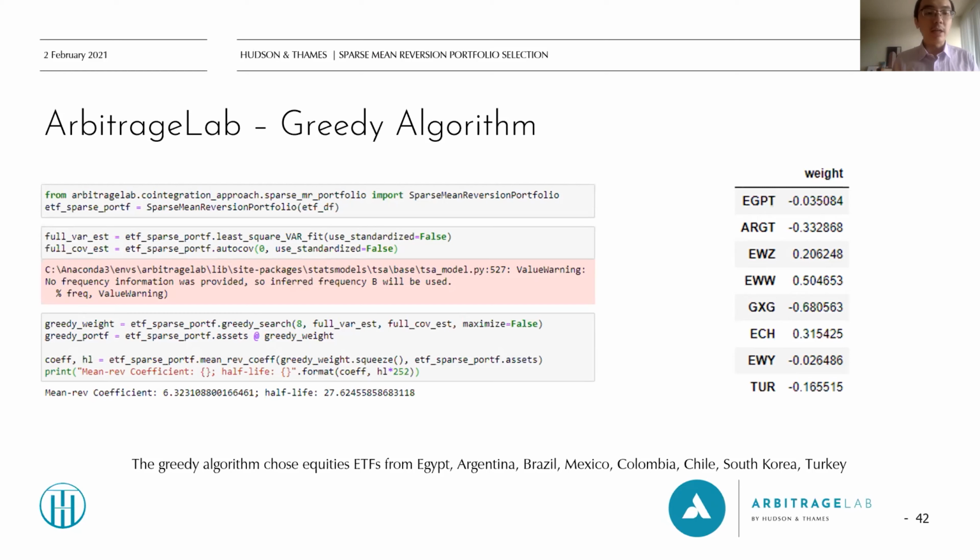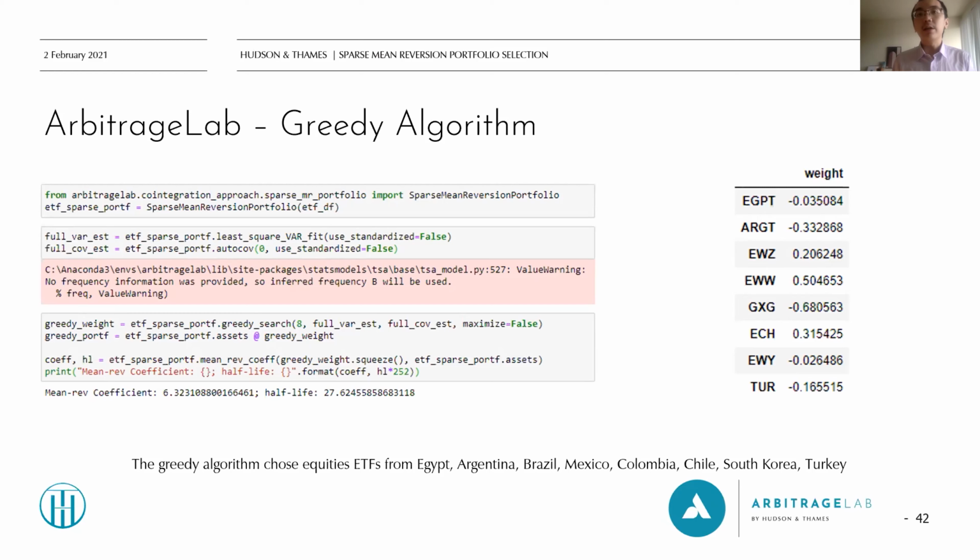Here we didn't apply the lasso optimization or the clustering for the asset universe.